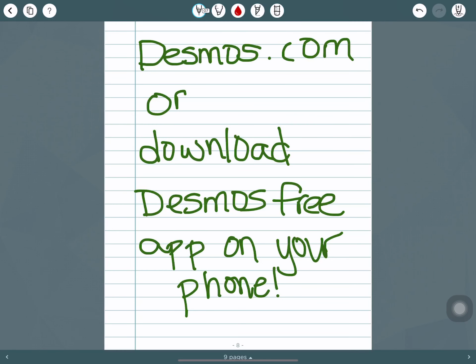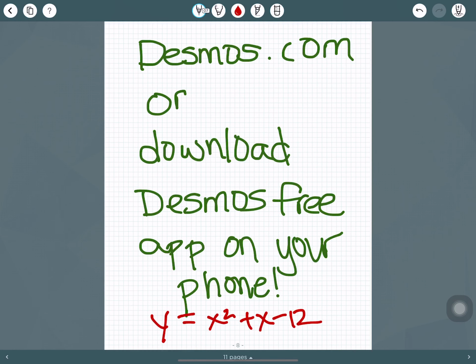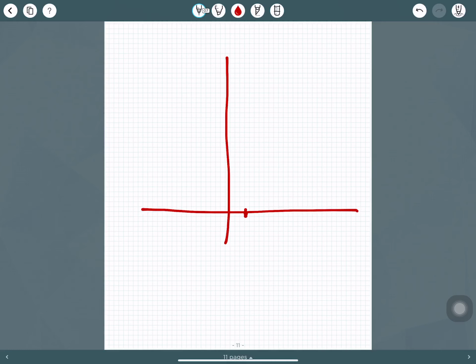Okay, now what I wanted to show you, but I couldn't figure out how to put it into this program, is if you graphed the equation y equals x squared plus x minus 12, then what you would notice is you would have the x-intercepts at 3 and negative 4.